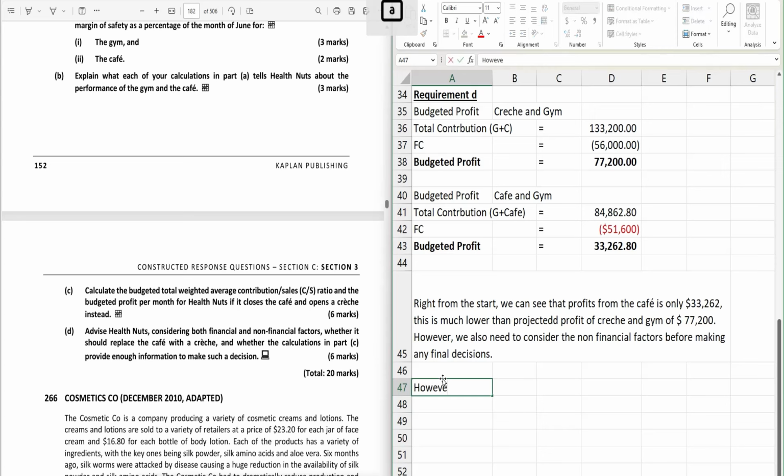Then we can write, however, we also need to consider, sorry, I have written this. It might be unreasonable to assume the number of customers will leave the cafe if it gets closed down, right?